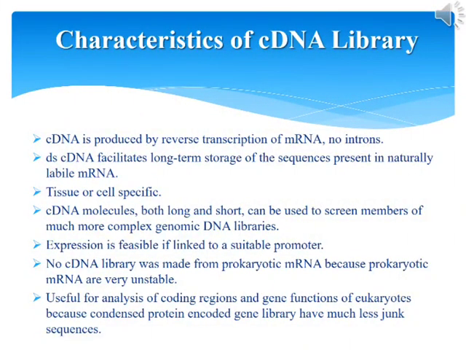Now, what are the characteristics of a cDNA library? The conversion of mRNA molecules to double-stranded cDNA offers several advantages. Firstly, a cDNA library is produced by reverse transcription of mRNA, hence it contains no introns or non-coding regions in it.